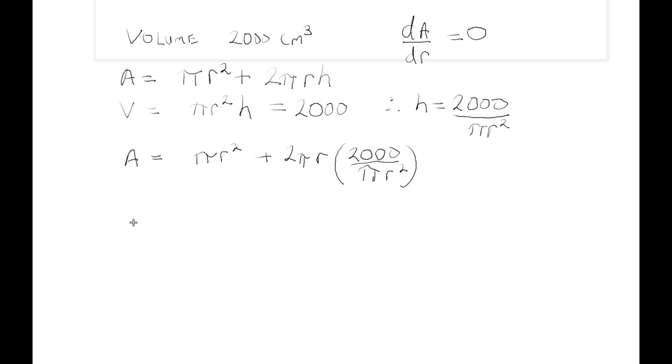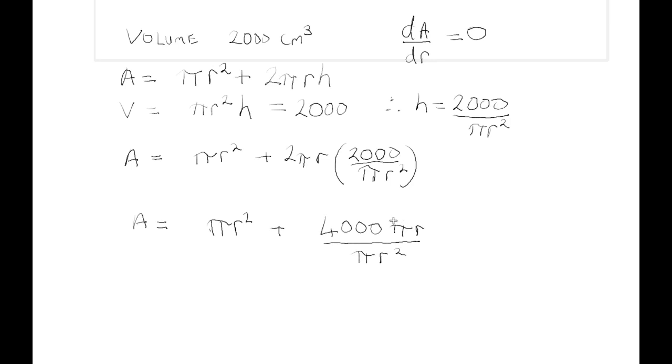Okay, so now I've got A, the area, equals pi r squared, no change there, plus, if I multiply this in, 2 times 2000 gives me 4000, times the pi r, all divided by pi r squared.